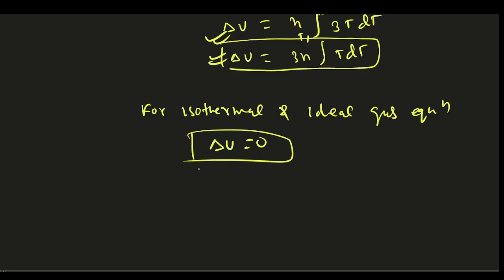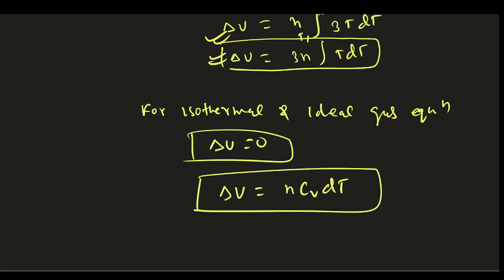Why? Because delta U equals n Cv delta T, which means the change in internal energy only depends on temperature. And if dT is 0, for isothermal means dT is 0, then delta U has to be n Cv into 0. So that is going to be 0.